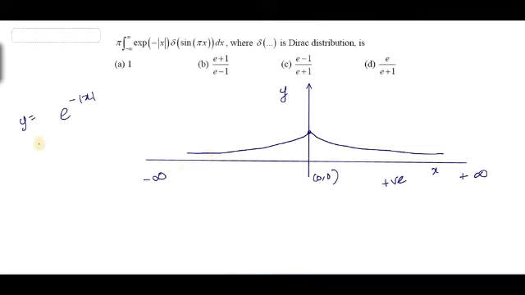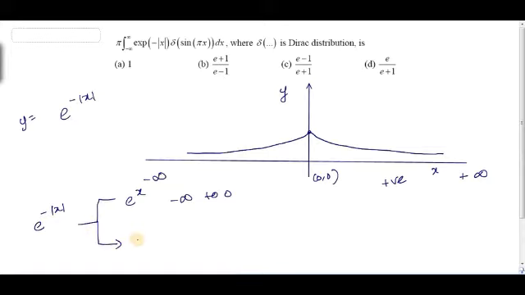So I can rewrite this e power minus mod x like this. E power minus mod x can be written as e power x for minus infinity to 0. Just look at this half alone, this portion alone, you will understand. And for the other part, I can write this as e power minus x.